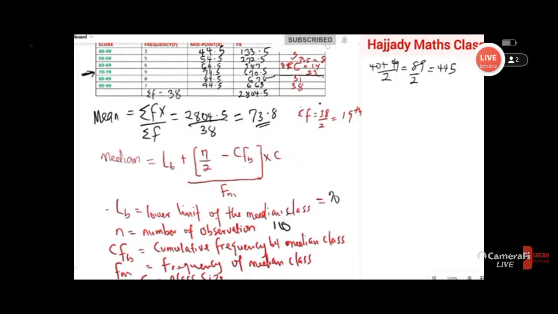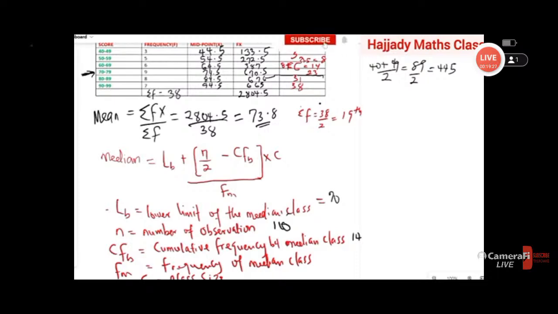And the cumulative frequency before the median class. Since this is our median class, the cumulative frequency before it is 14. And lastly, we have the frequency of the median class.